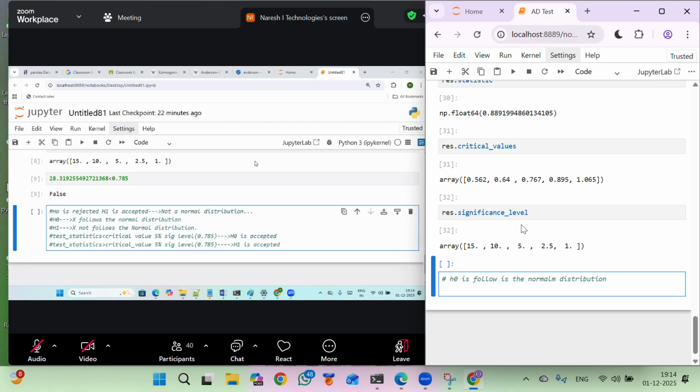Along with that, explain what p-value significance. I didn't get the question, Satyanarayana. Please explain the question, then I will answer.